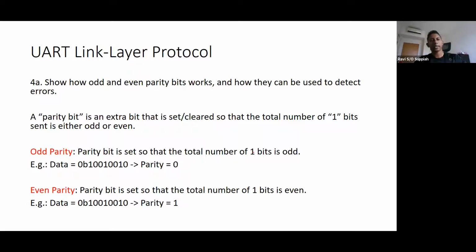In this first question, we are looking at the parity. As we discussed in class, the parity bit is an extra bit, and what we want is to make sure that this additional bit makes the total number of ones either odd or even, depending on what we agree on.